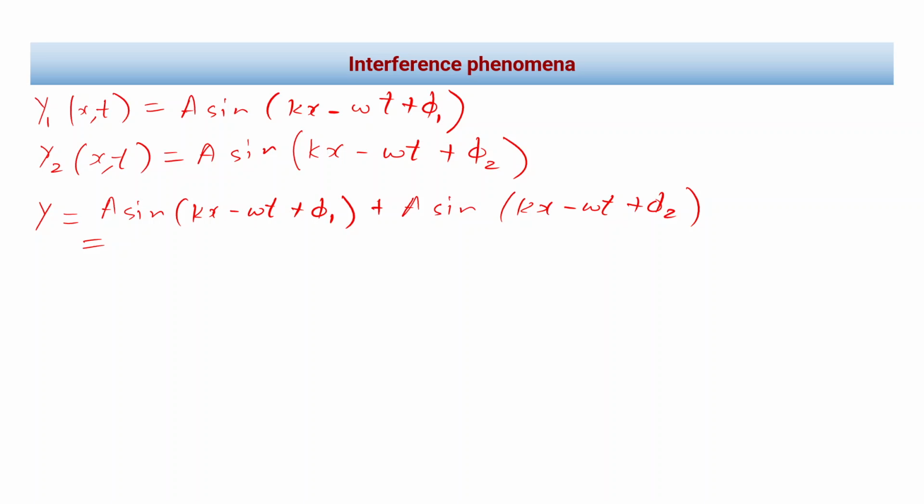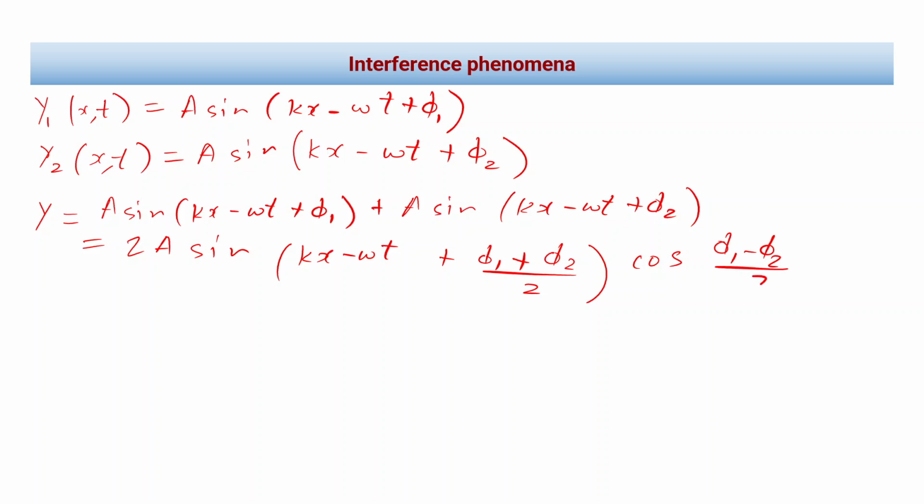So using that, when we add this, we get 2a sin(kx minus omega t plus (phi 1 plus phi 2) by 2). The derivation in detail has been done in the main lecture videos as well, so that will already be helpful for you. Cos (phi 1 minus phi 2) by 2.